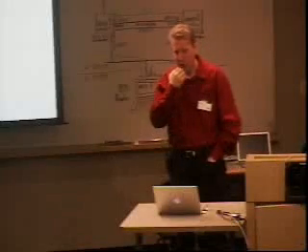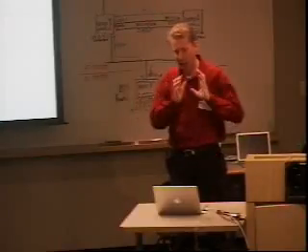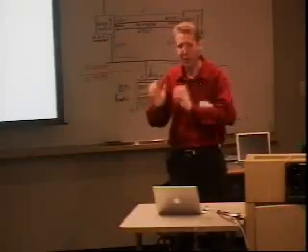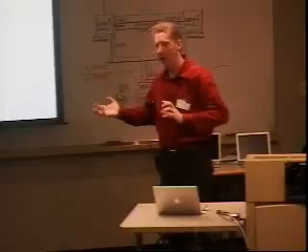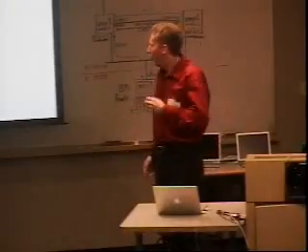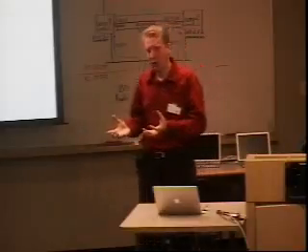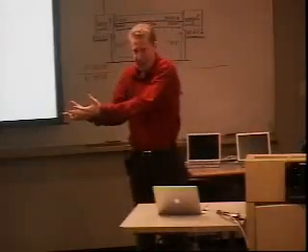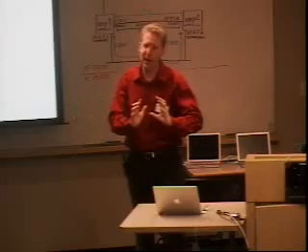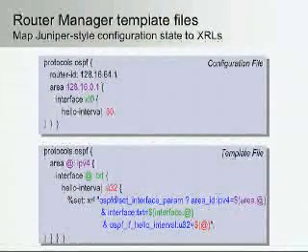The other thing that it enabled us to do was to design our router manager process in such a way that it can just take a configuration template file for each of the processes on the system and learn how to actually control it. So when you introduce a new routing protocol into XORP, you put a binary, obviously, to run, but you also put one of these template files which simply says, these are the things that can be configured on this process, and these are the XRLs you can actually use to configure them.